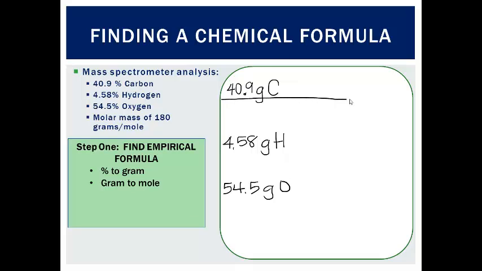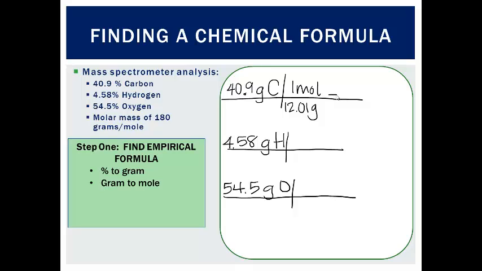All right, so over here in the white, gram to mole. I'm going to set up our dimensional analysis. And we're going to look up carbon on the periodic table, and its molar mass is 12.01 grams in 1 mole.